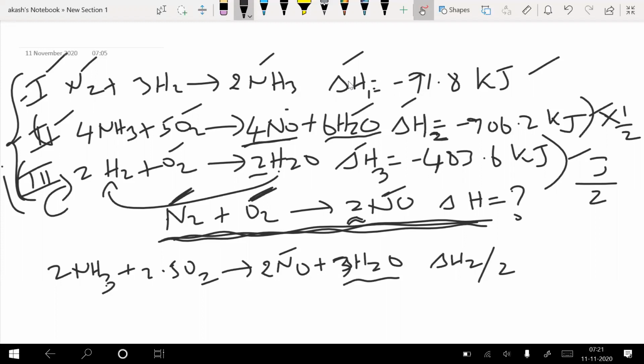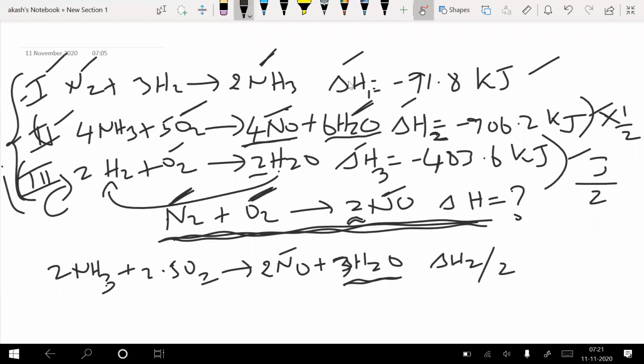Right. So again, I repeat. If I add 1 and 2, my N2 is sorted, O2 is sorted, NO is sorted because we have multiplied this second reaction by 1 by 2. What I get extra is H2O, 3 H2O. And if you look at the third reaction, H2O is there in the product side, which I don't want because I want to cancel it.